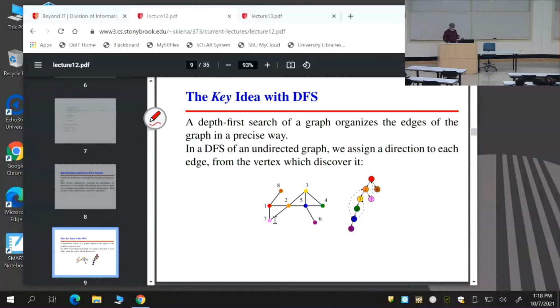If I look at this depth first search example, I think the entry time for this vertex was 1. Then it discovered another vertex, that was the second event. It discovered a third vertex. That happened at time 3, time 4, time 5, time 6.